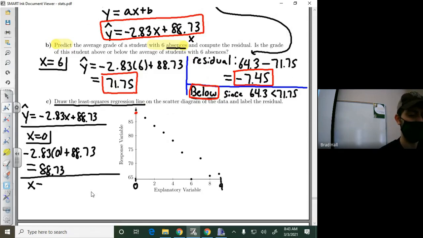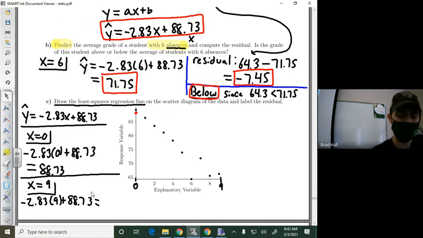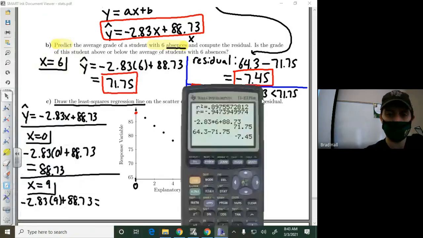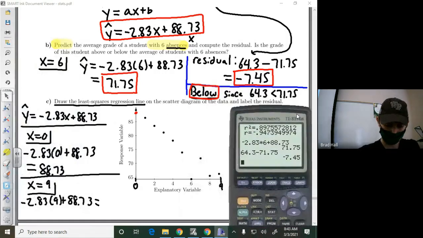And so we can also find when x is 9. Negative 2.83 times 9 plus 88.73.